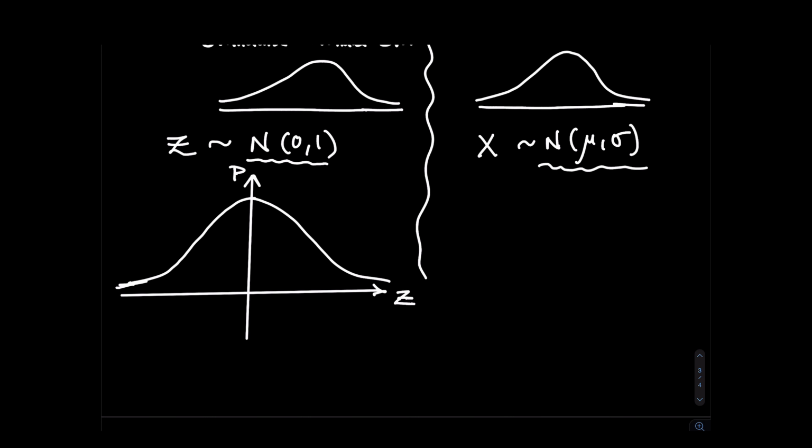Forgive the art. And we call that an N(0,1) because the mean is 0 and the standard deviation is distributed in units of 1. So it'll be 1, 2, 3, 4, minus 1, minus 2, minus 3, minus 4. So that's a standard normal distribution because of that scaling.